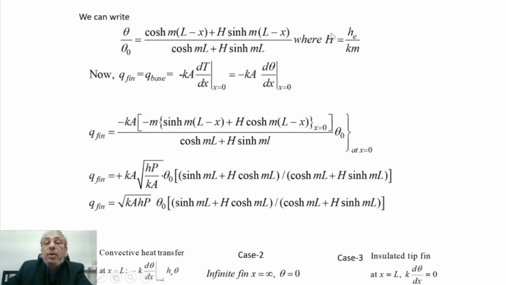And also we can write what is the value of H. So theta by theta naught is cosh m(L minus x) plus H sinh m(L minus x) divided by cosh mL plus H sinh mL, where this uppercase H means He divided by km.